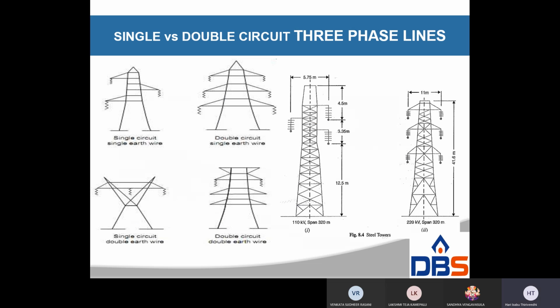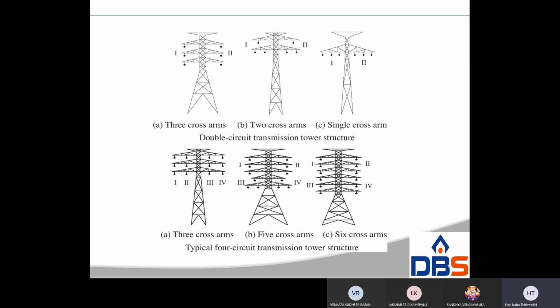Single versus double circuits. Look at this, this is the single circuit, single earth wire, and double circuit, single earth wire. Tower. So these are the cross arms.